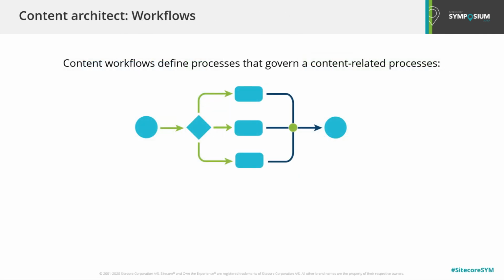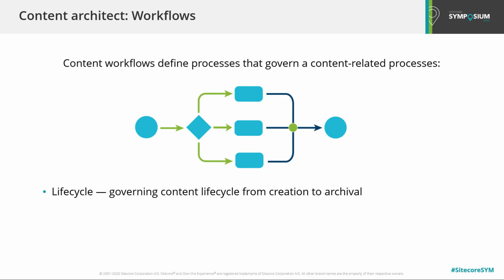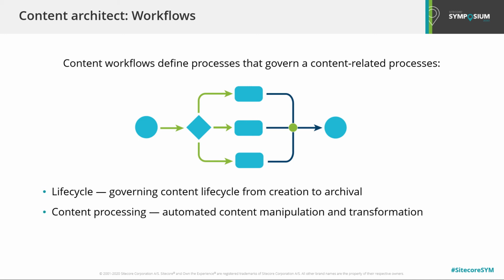Once we've completed the syndication process, we need to start looking at other processes around the content lifecycle. And there are generally three types. The lifecycle workflow, governing the content lifecycle from creation to archival. Then there is a content processing workflow that is concerned with overseeing the process of content transformation or formatting, most frequently specific to digital channels.